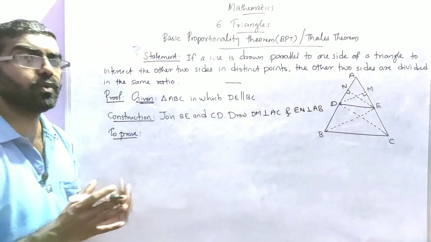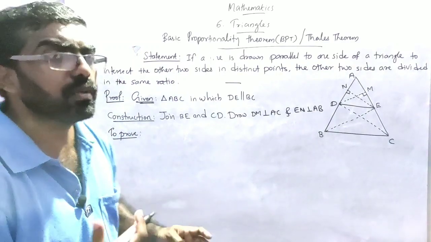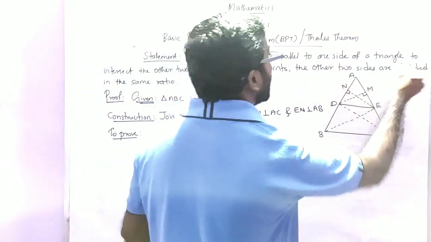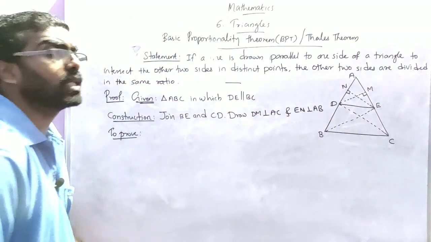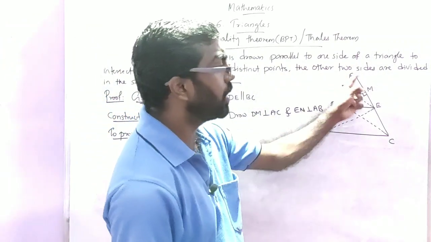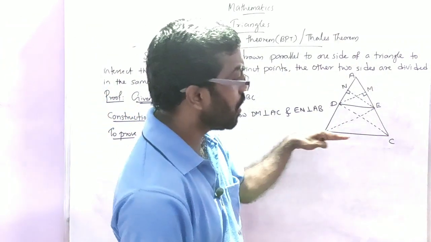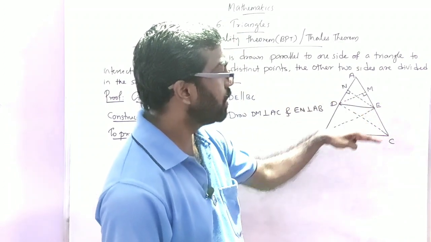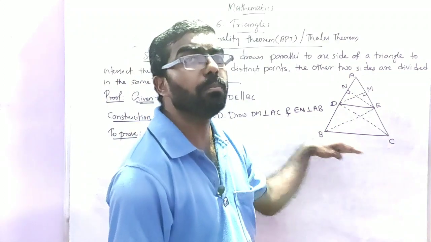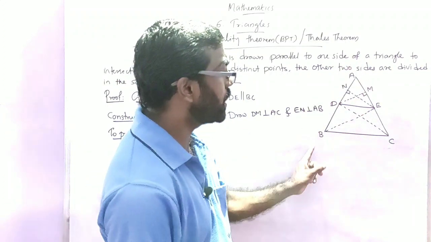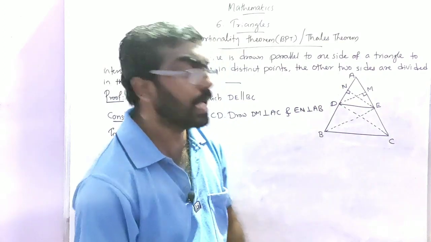The next one is To Prove. In the To Prove part we write what we have to prove. Here the other two sides are divided in the same ratio. What are the other two sides? Because we drew the parallel line DE, which is parallel to BC, the other two sides are AB and AC.